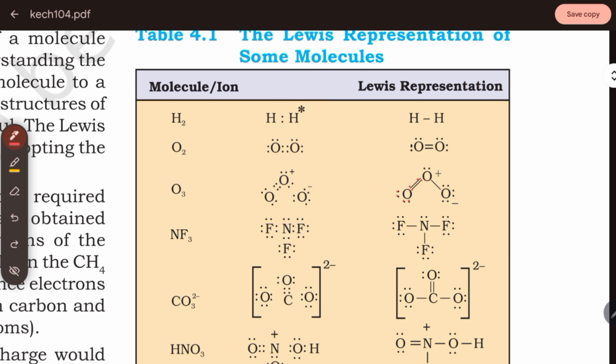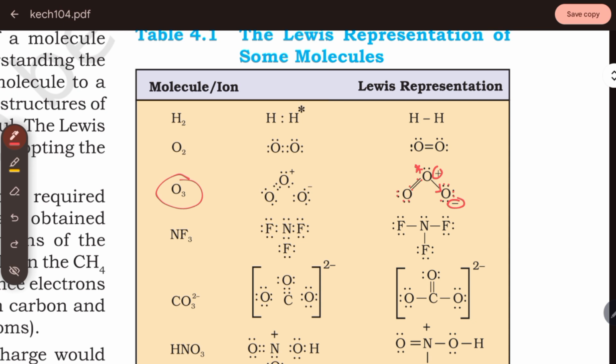What about this oxygen? It has a positive charge and here it has a negative charge. Why? Because O3 again is neutral. Then why this positive charge and negative charge? The reason is this oxygen had to donate its electron pair and form a coordinate bond. This oxygen, which has a negative charge, has 6 electrons in its valence shell and is getting 2 more from the oxygen that is donating.